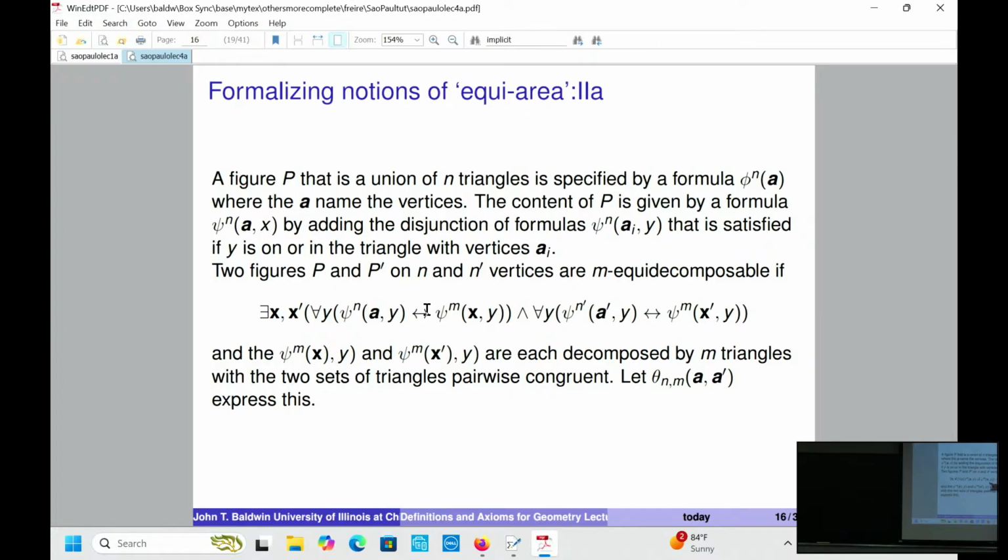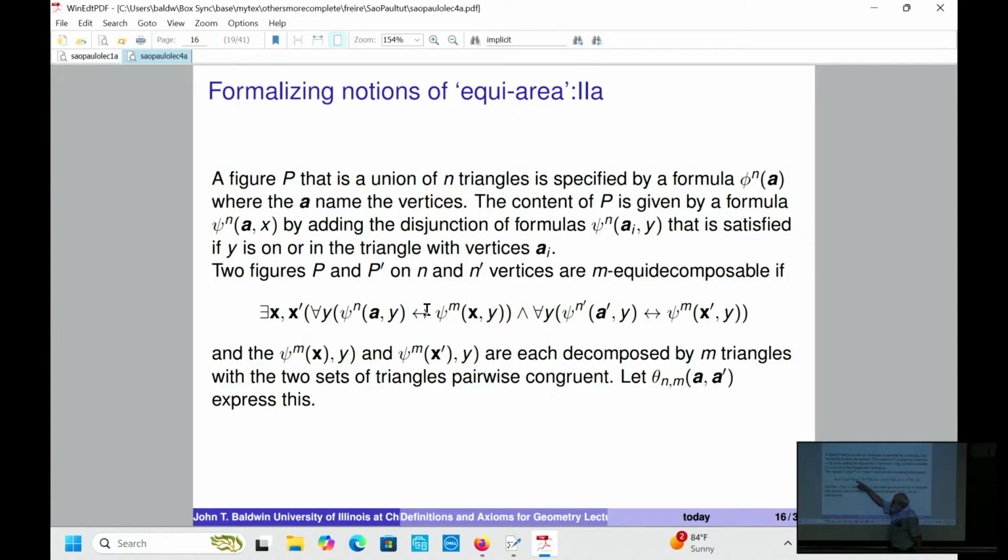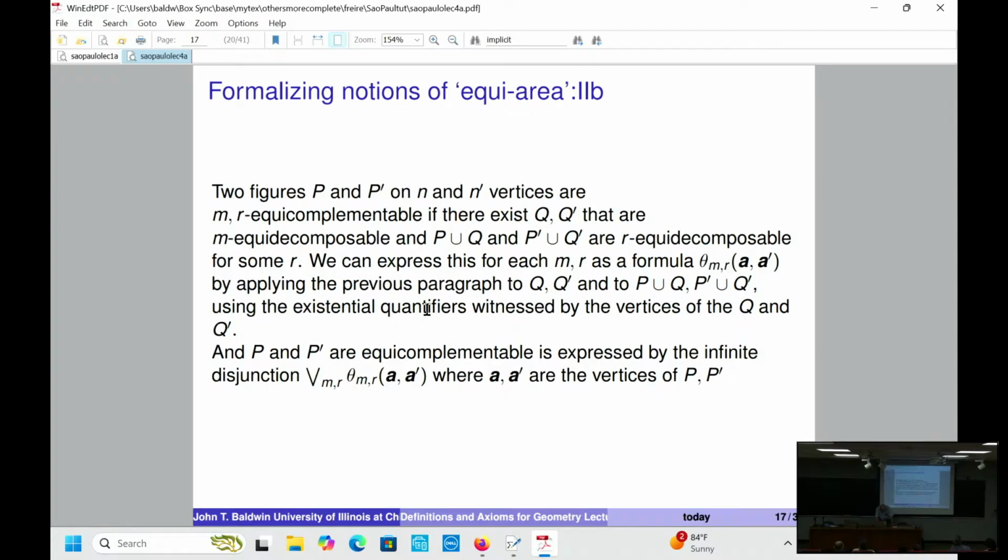Yeah, these two are equidecomposable, and this one is another name for the first one, and this is another name for the second one. And so I've switched to getting the same number of points by, and yeah. And so I can say something I call that theta nm. And it won't surprise me if I just stopped here, because no good.